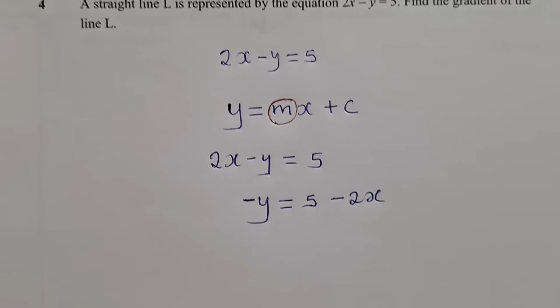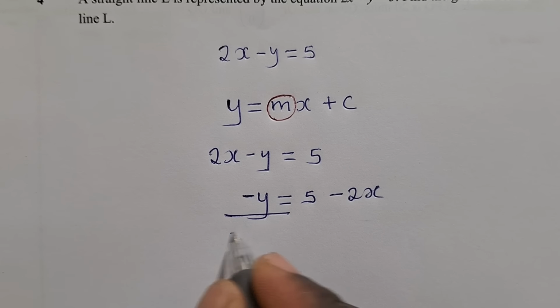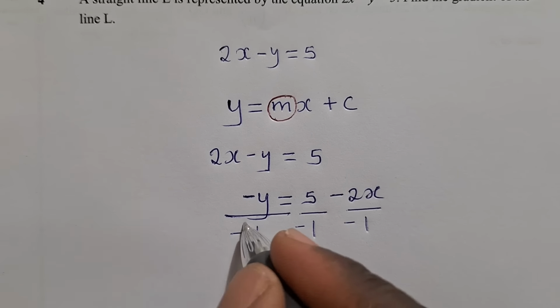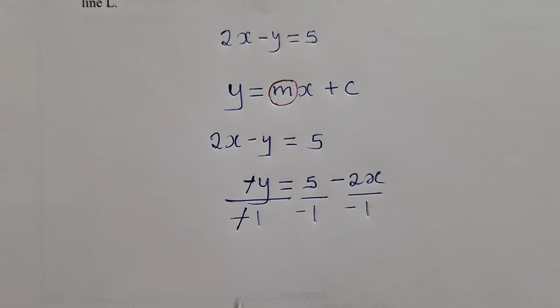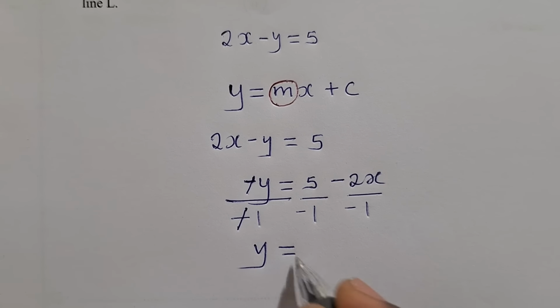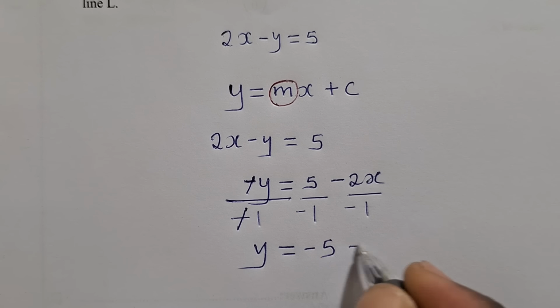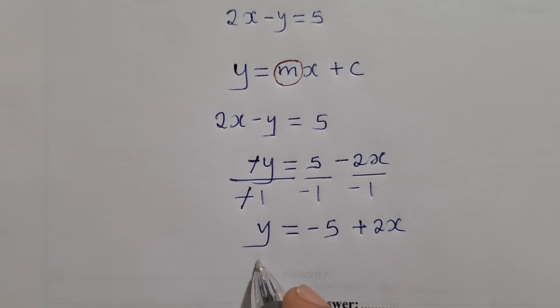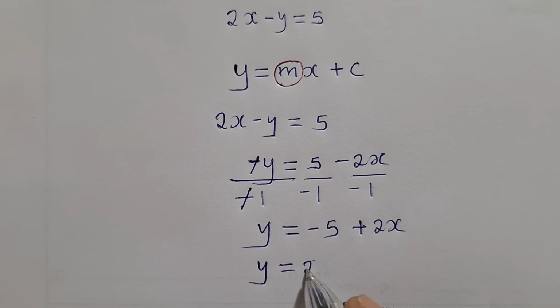It's now minus 2x. You divide by minus 1, by minus 1, by minus 1. So negative and negative will go. We shall remain with y is equal to negative 5 plus 2x. So you can leave this equation like this, or you can write it like this.